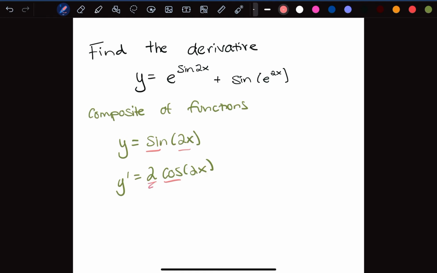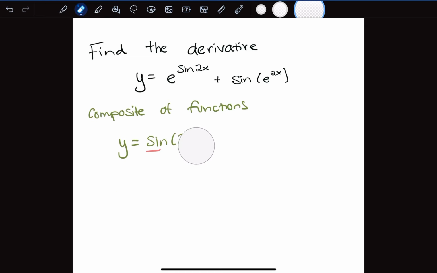So that's really why that 2 comes out in front for these trig functions. That's why one of the rules of trig functions is if you have sine of 2x, then your derivative is 2 cosine 2x, and if you're finding the derivative of cosine of 4x, it would be negative 4 sine 4x. So that's just a quick little walkthrough of what we're looking at and kind of how to identify these composite functions.